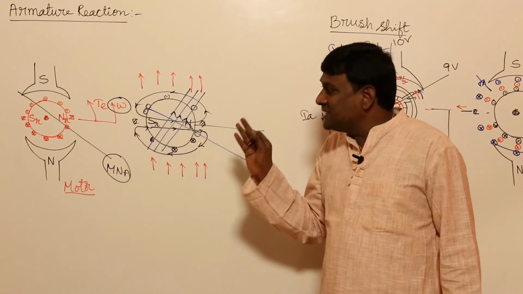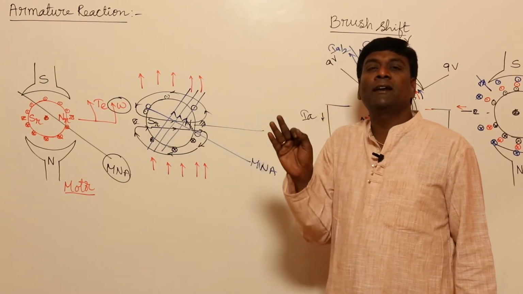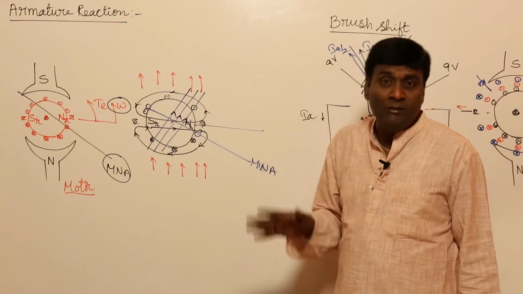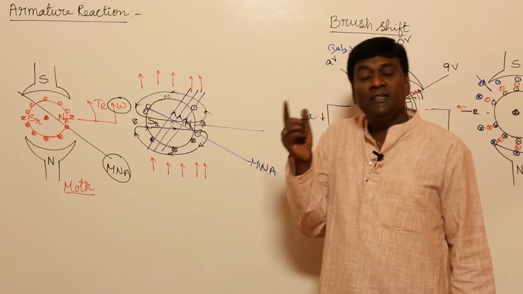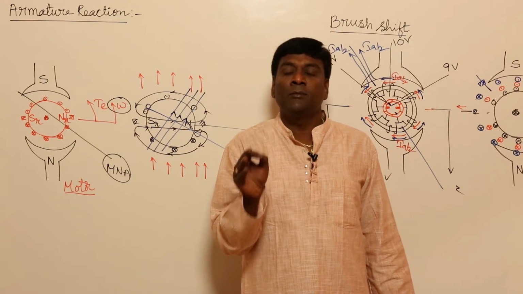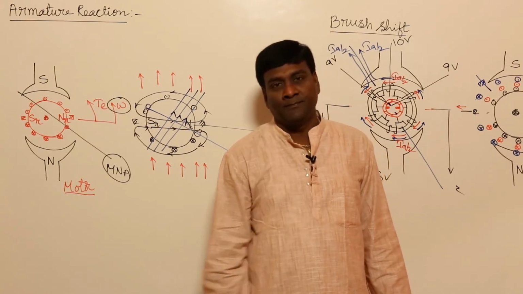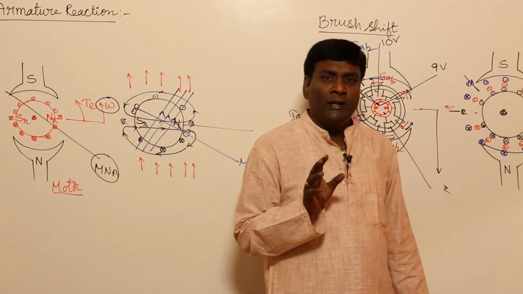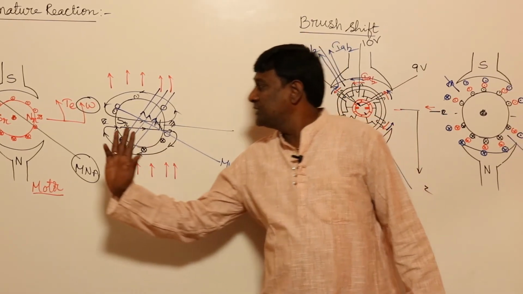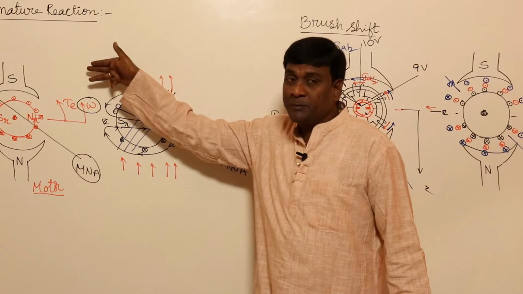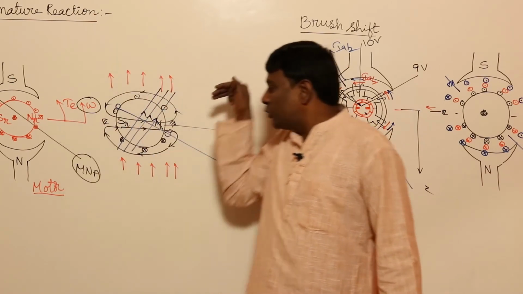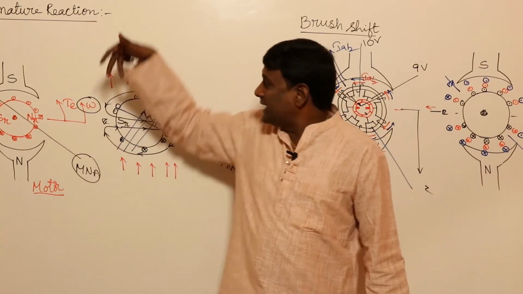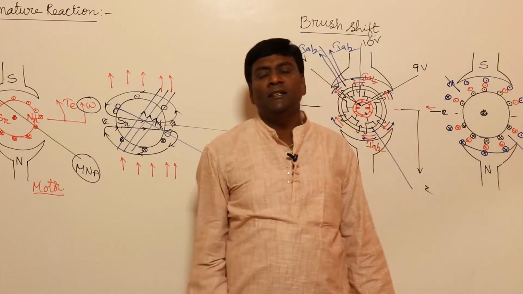So always in a DC machine, only cross magnetizing armature reaction effects will be there. Demagnetizing or magnetizing armature reaction effects will be there only in a synchronous machine. Normally it will be cross magnetizing only, everywhere it is going to be cross magnetizing, so directly demagnetization will not be there in a DC machine.